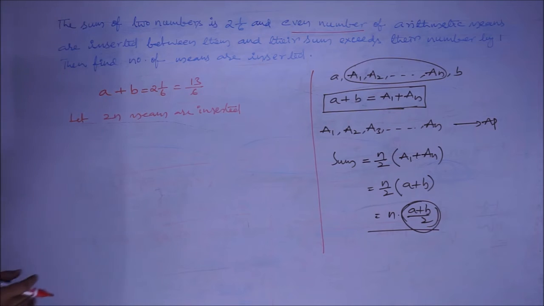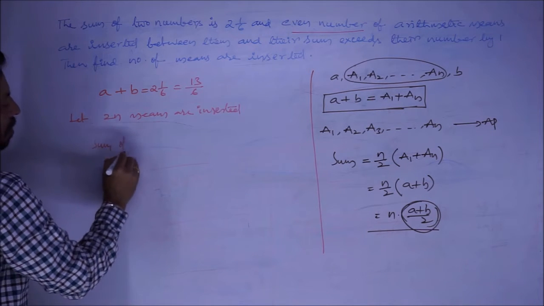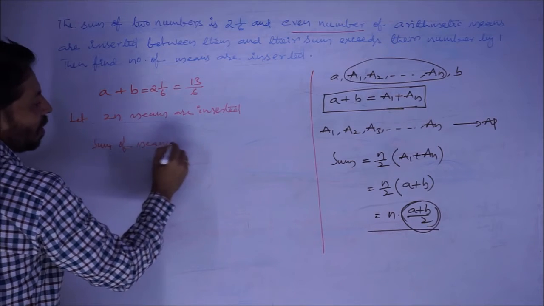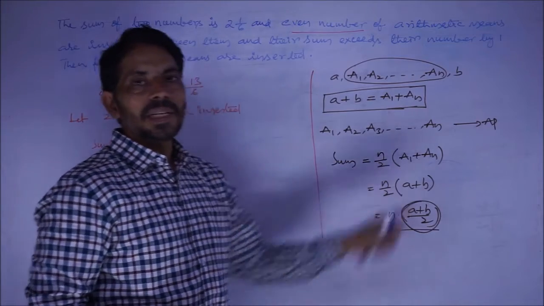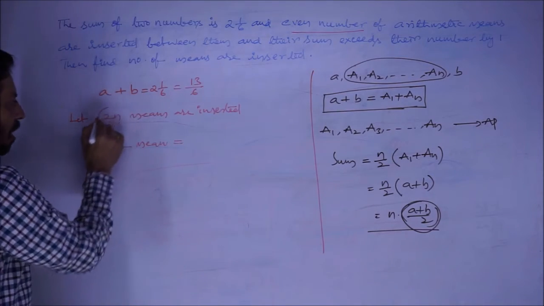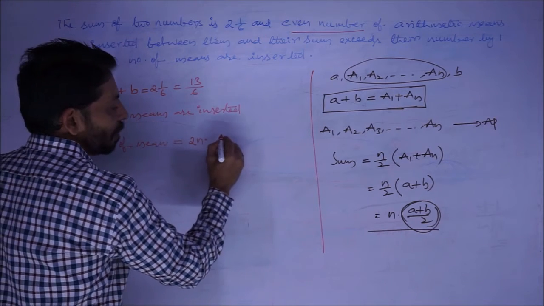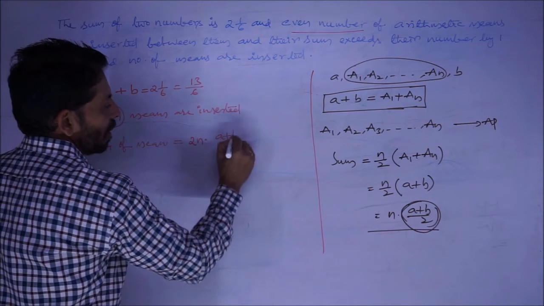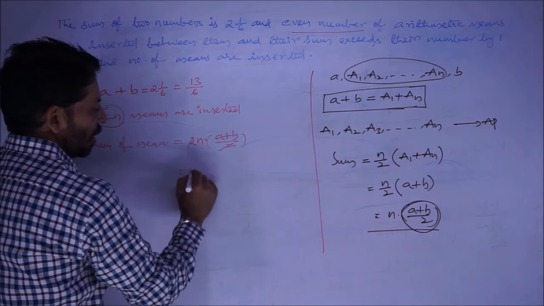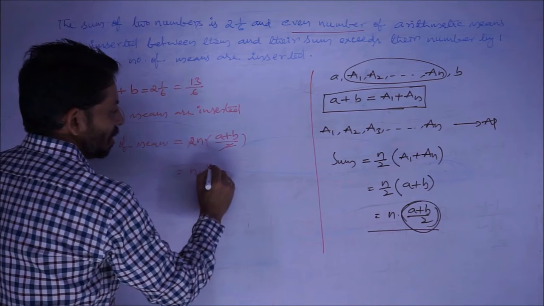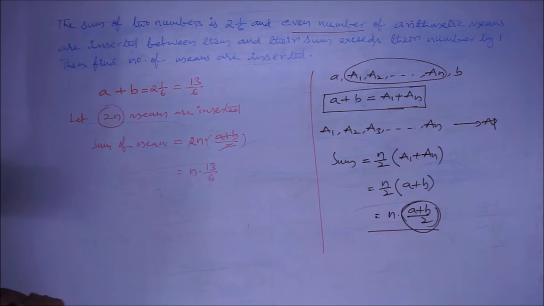Then the sum of means equals n times the single AM. Since we are inserting 2n numbers, it is 2n times (A plus B) by 2, the single arithmetic mean between them. The 2 gets cancelled, giving n into (A plus B), which is 13n/6. This is the sum of means.